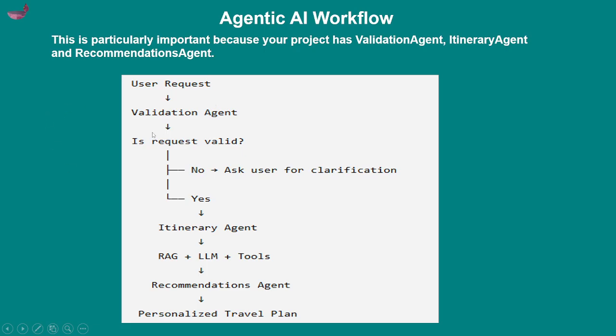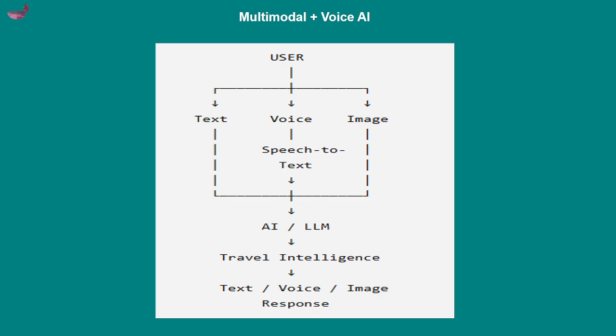It starts with the user request. If it is a valid request, then the itinerary agent, RAG, LLM, tools, recommendations agents, and you get a personalized travel plan. For voice, you need to give the voice as an input. It will convert that voice from speech to text, and the language model will generate a response for the travel planner.